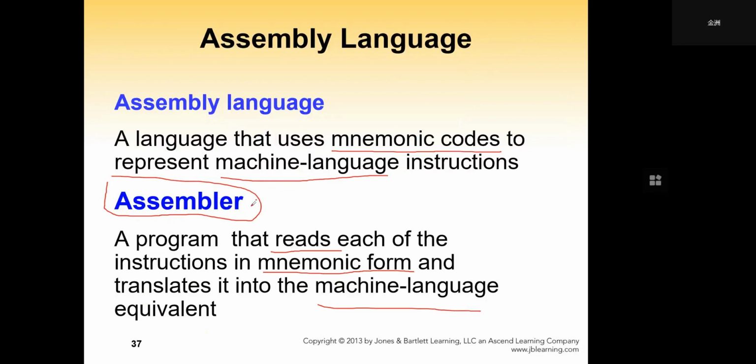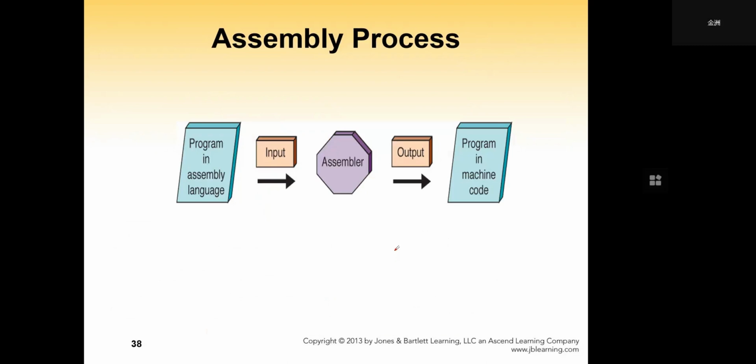So the assembler translates assembly language into machine language. In the figure, the program in assembly language is input to the assembler, and the assembler outputs the program in machine language code, so that the computer can understand it.